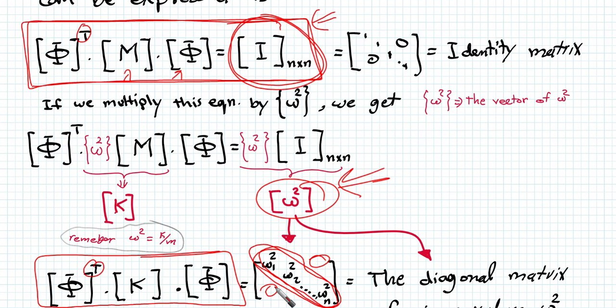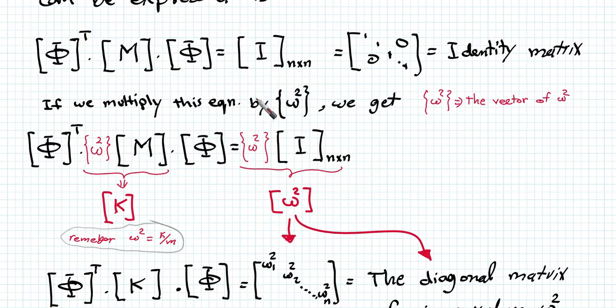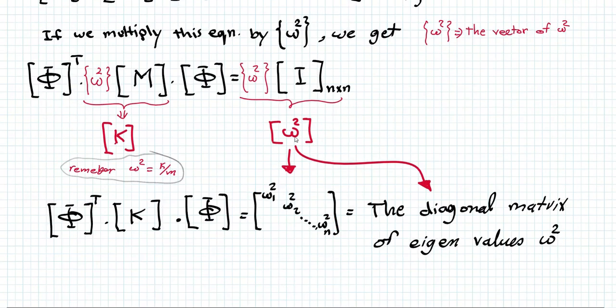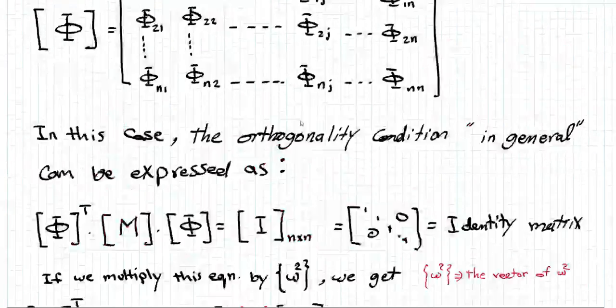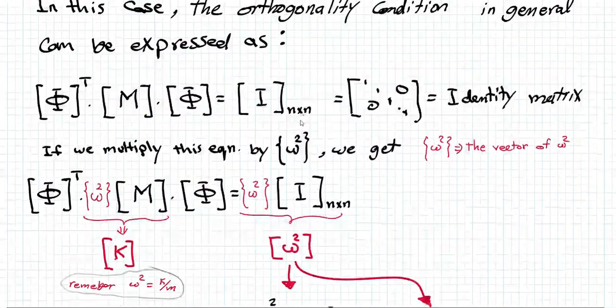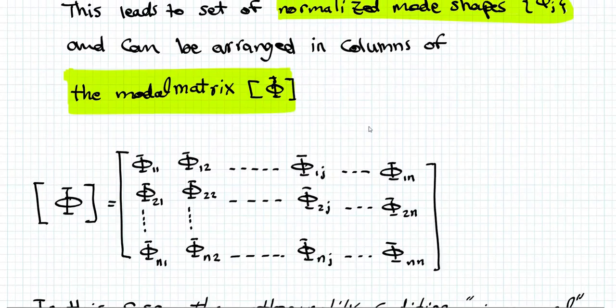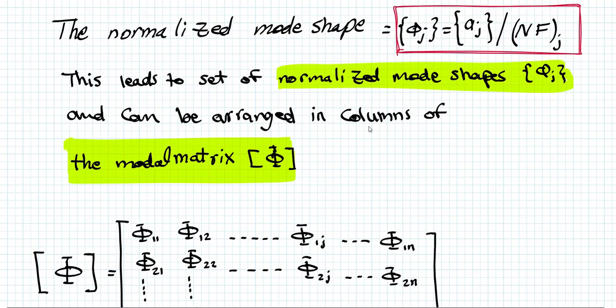So remember that our orthogonality condition is now transformed in this way, which, as I said, is going to simplify the process of the dynamic analysis solution for the multi-degree freedom system. So now we understood how we can obtain the orthogonality condition using our third method of normalization. Let's go to the next.